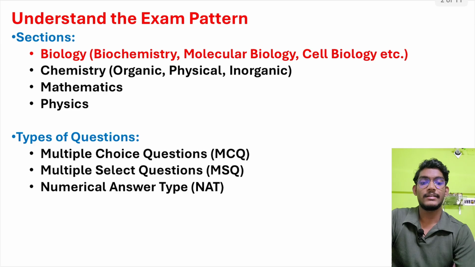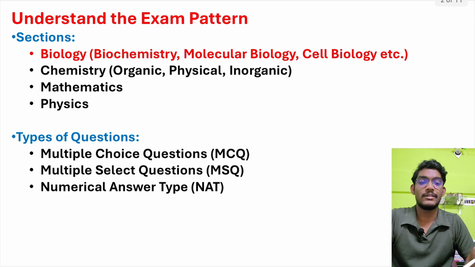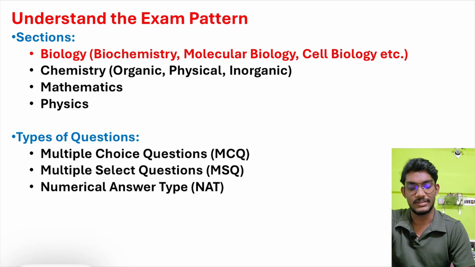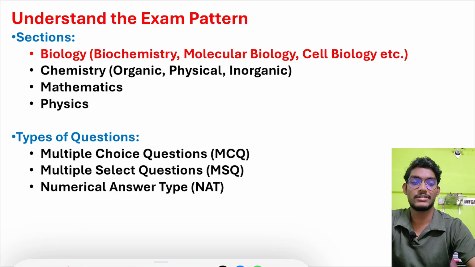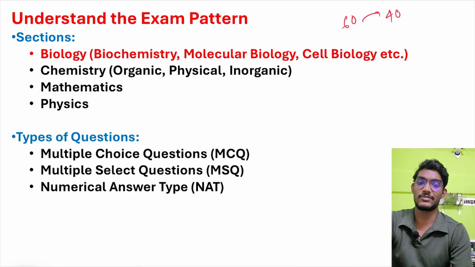Now in the IIT JAM Biotechnology question paper, there are basically questions from 4 major subjects: biology, chemistry, mathematics and physics. The question paper consists of a total of 60 questions, among which almost 40 questions are asked from biology.